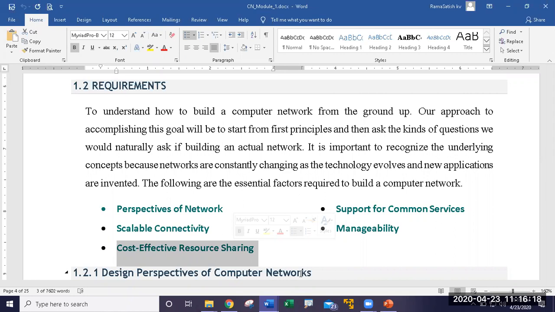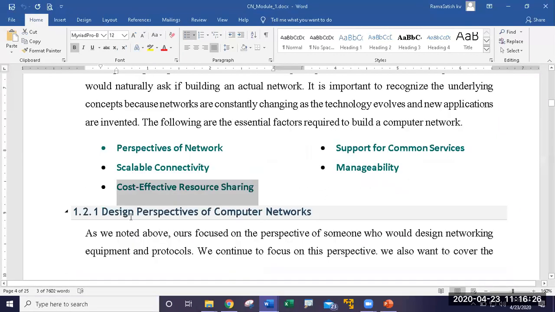Manageability: when you build the network, it should be manageable. That is a very important thing. The first one, the design perspective of computer networks. Let us see what this is.